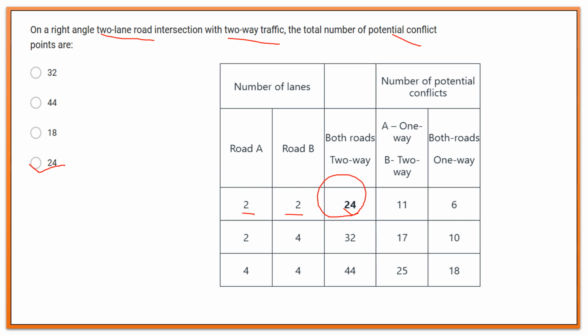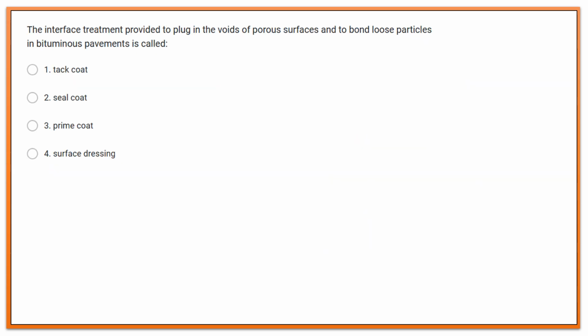The next question, question number 10: the interface treatment provided to plug the voids of a porous surface and to bond loose particles in bituminous pavement is called as. This is nothing but a prime coat.